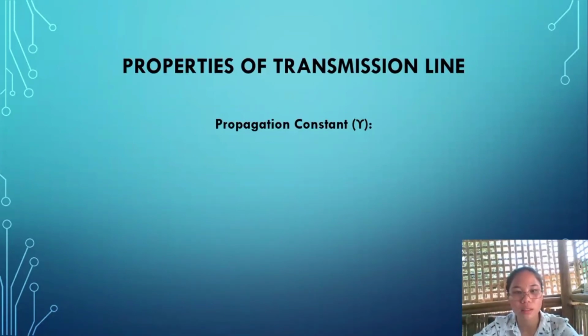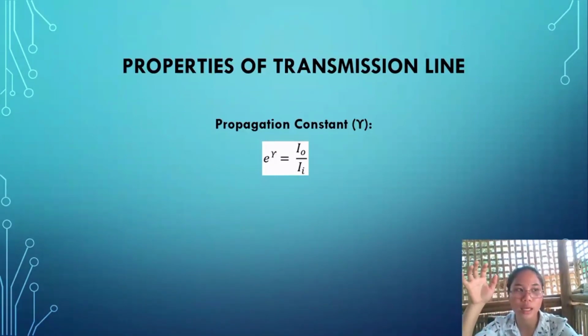Next is the propagation constant, or γ. The propagation constant of a transmission line is defined as the ratio of current achieved at the output to the current applied at the input of the system.